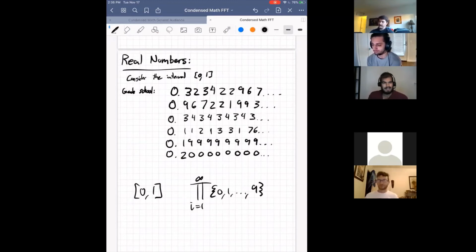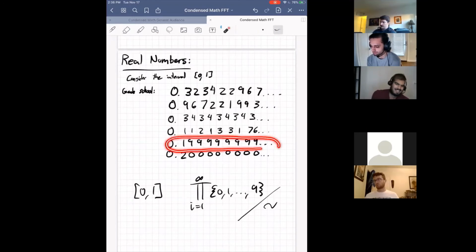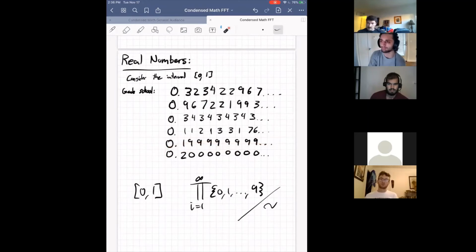But I want there to be an equivalence relation, and that equivalence relation is when I have a string of 9s, that's actually going to be the same number as the thing where I up this digit and put zeros after it.